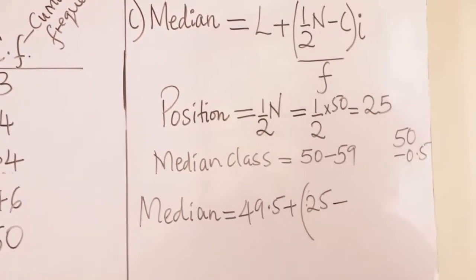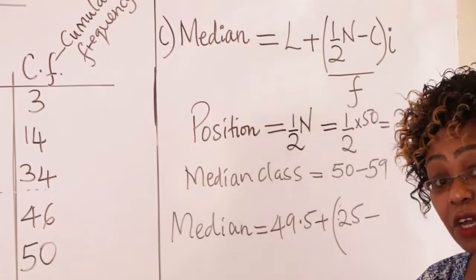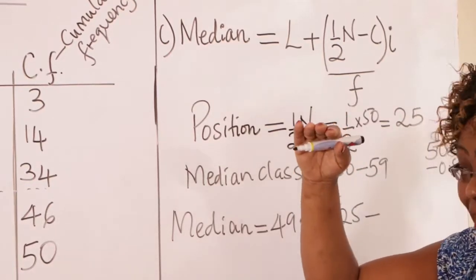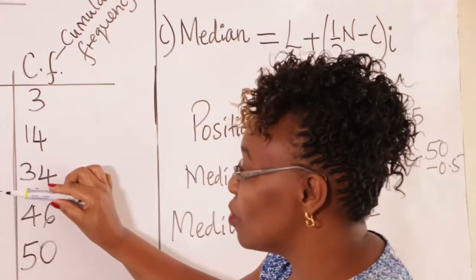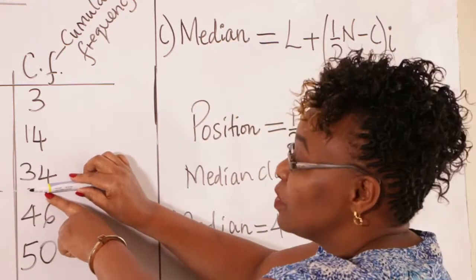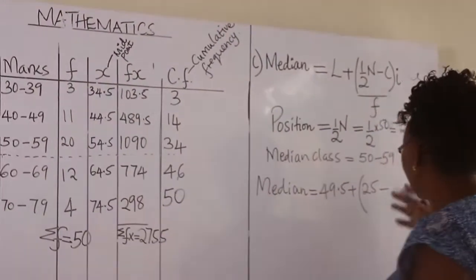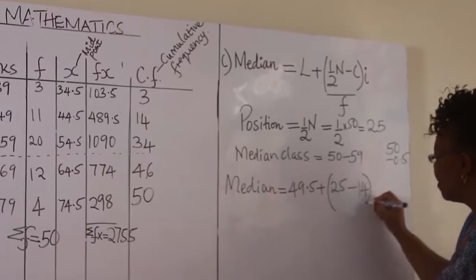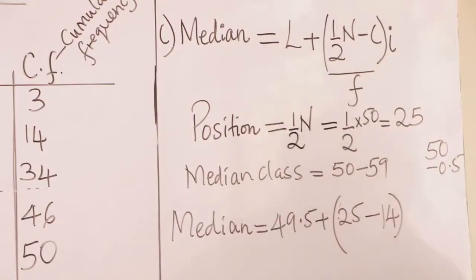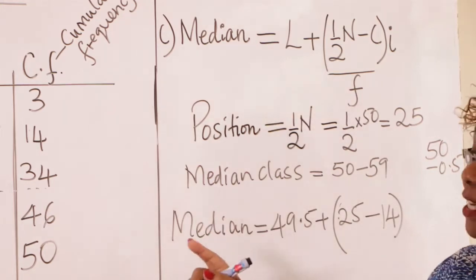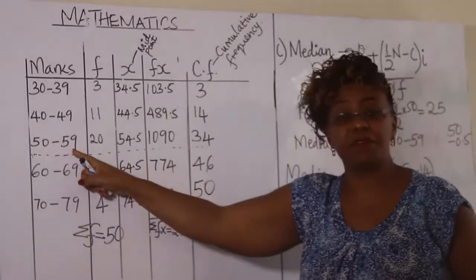Then minus our c. C refers to the cumulative frequency just above the median class. This is our median class, the row that we mark, and the cumulative frequency above it is 14. So write 14 there. Multiply by I, the class interval from 50 to 59.